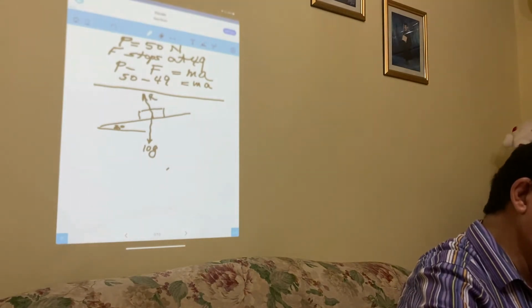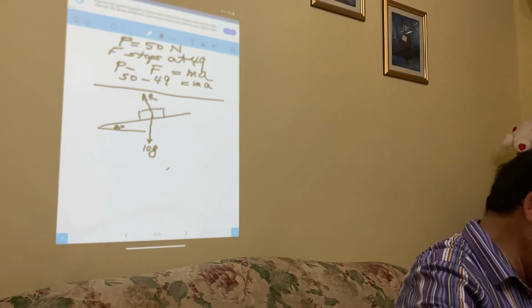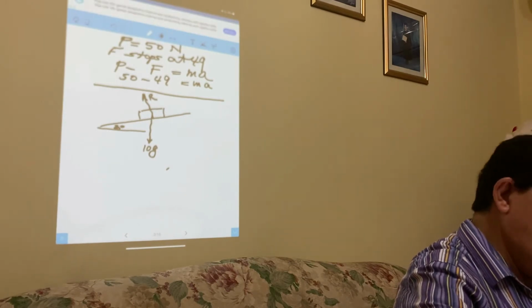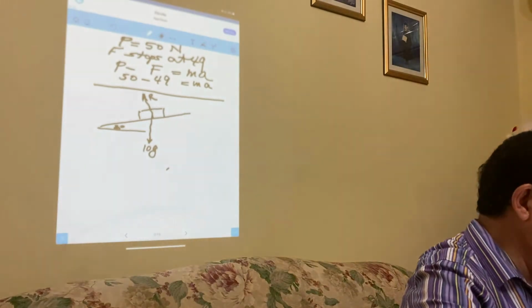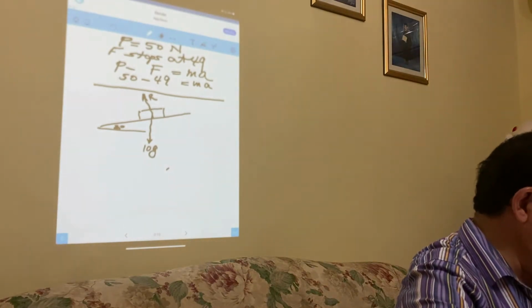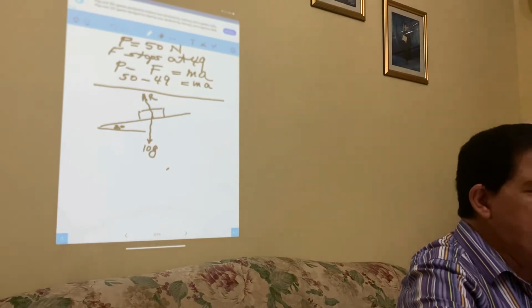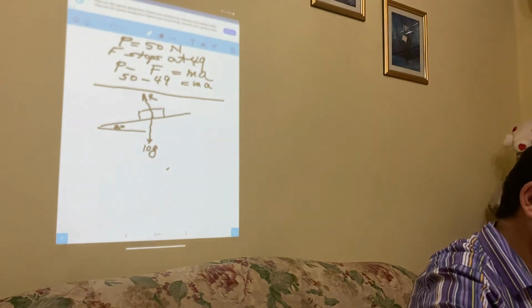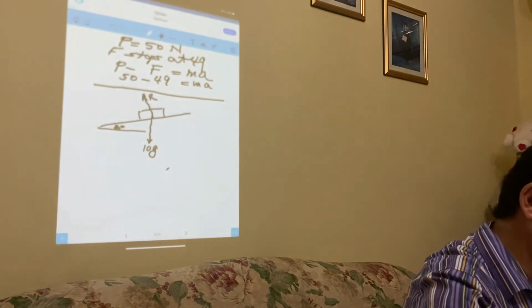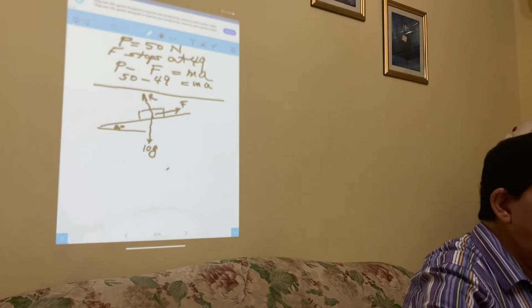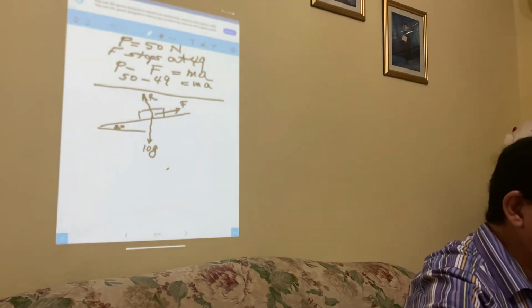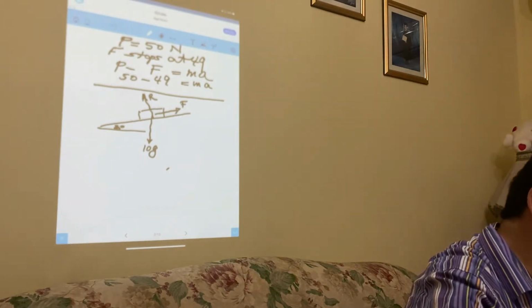Now it says there is no other force, and that it rests in limiting equilibrium, which means the body wants to move down, and the friction prevents it from moving down, and the friction is limiting, which means F equals mu R.